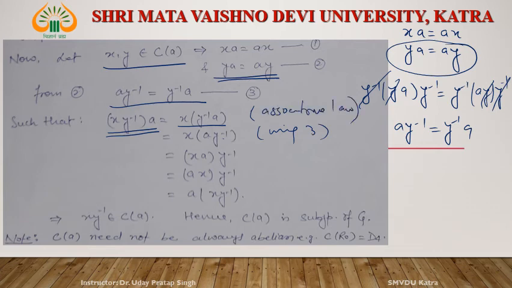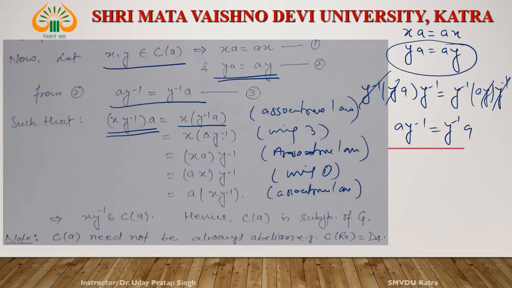Again by the associative law, this is xa y inverse. This xa can be written as ax using 1. And again by the associative law.